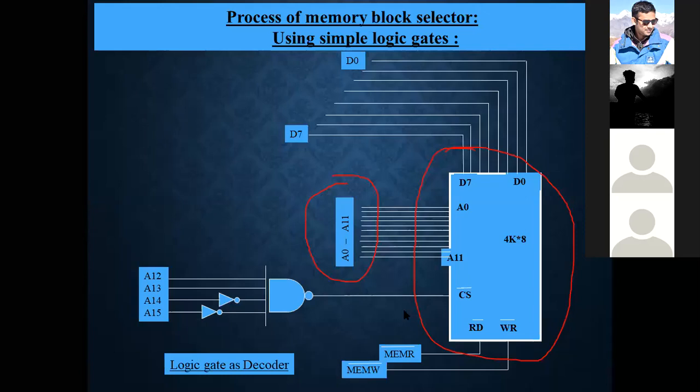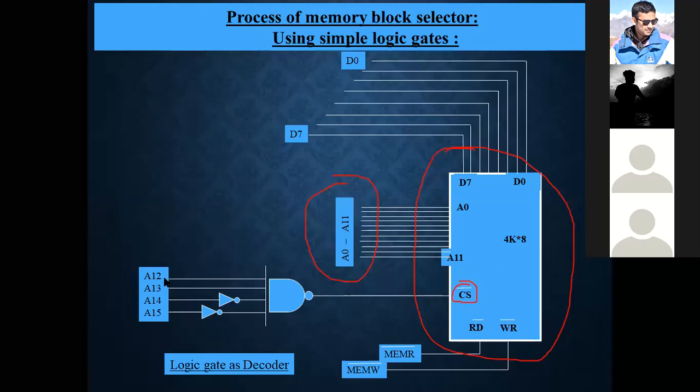Now to enable the chip there is a chip select pin, which is an active low signal. Whenever 0 comes on this pin, the chip will be enabled.